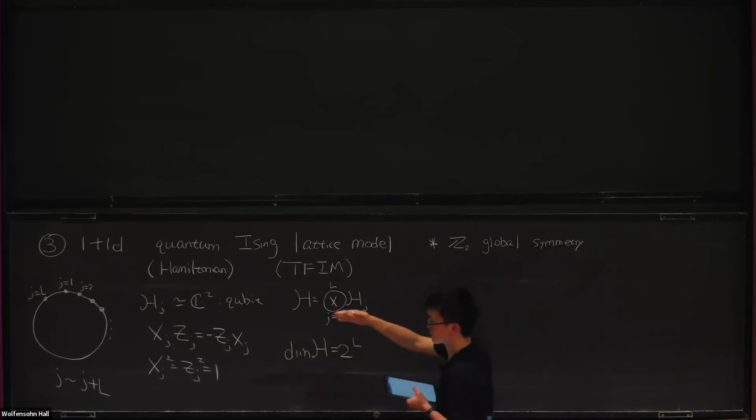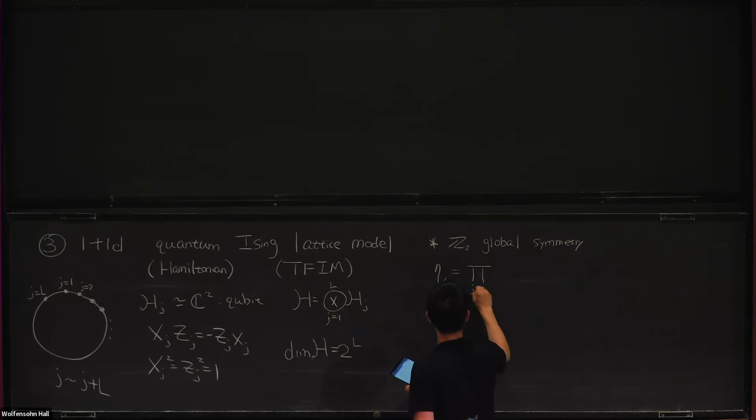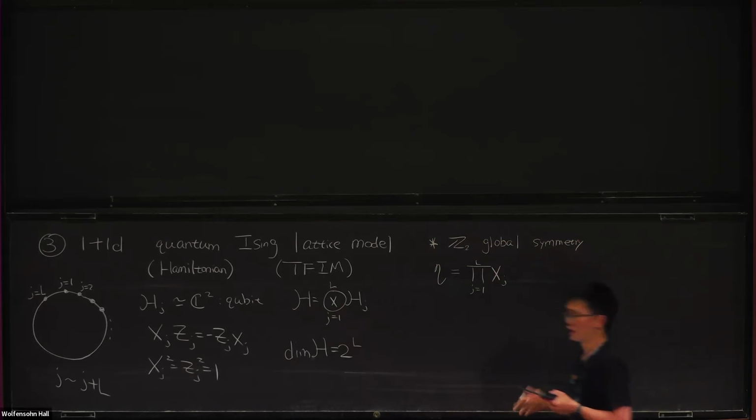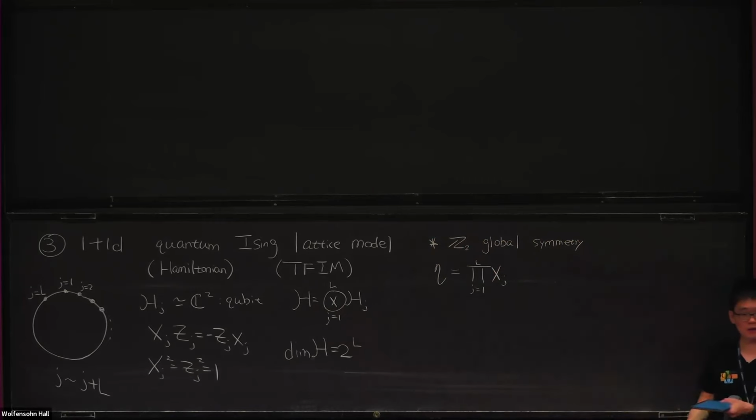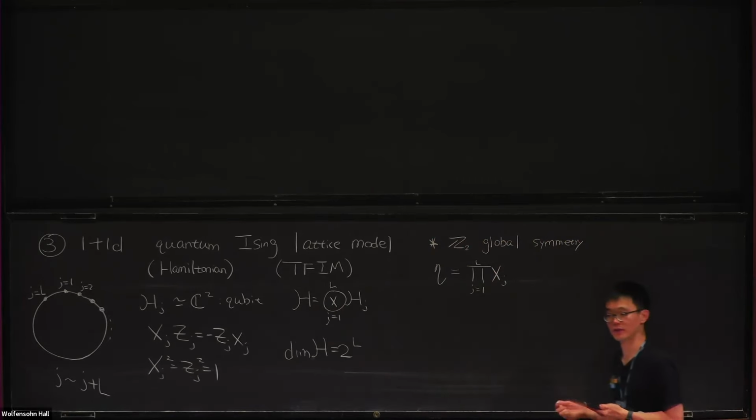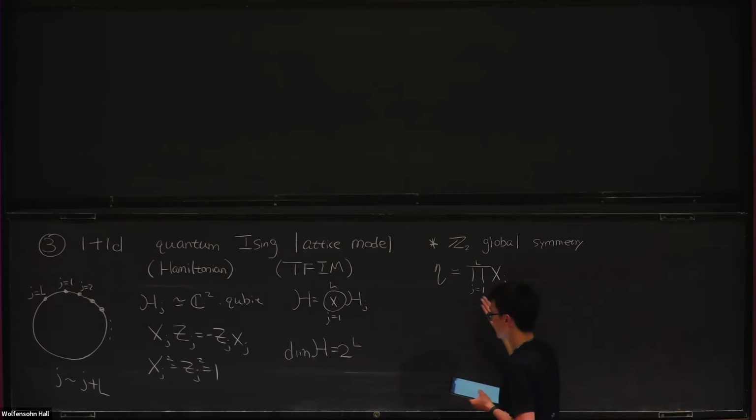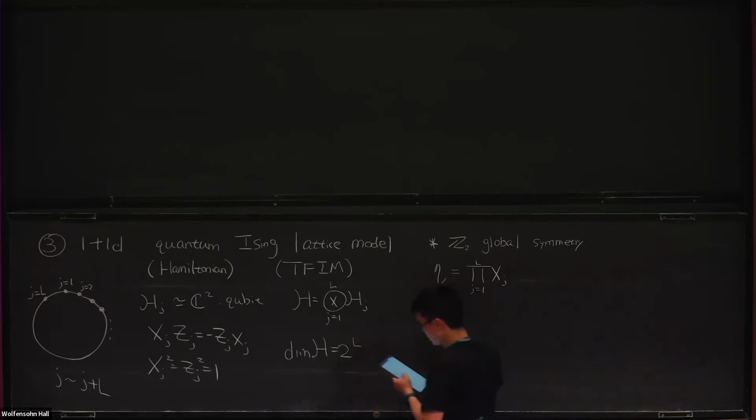I'm going to use the same symbol as in the continuum to call this symmetry eta, which is just a product of the X. It's an on-site symmetry, it squares to 1. It cannot get easier than that. And under this convention, Z is Z2 odd, X is Z2 even.